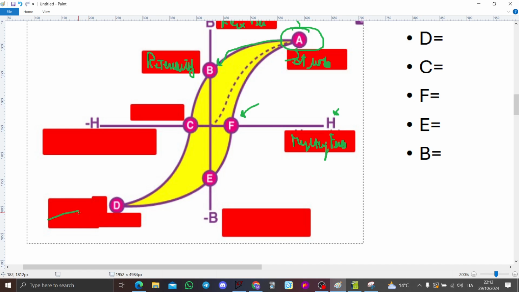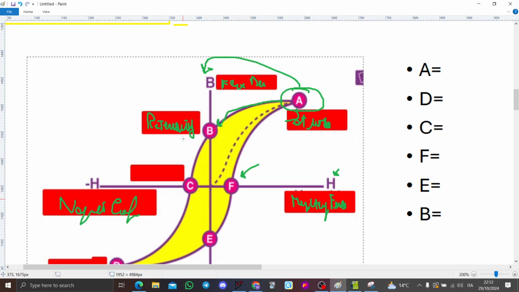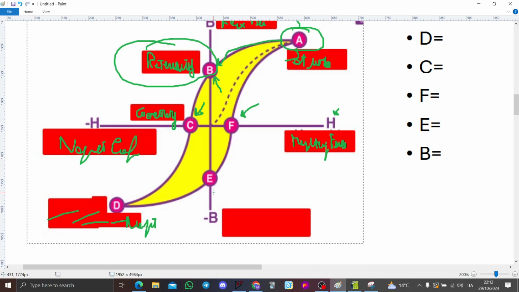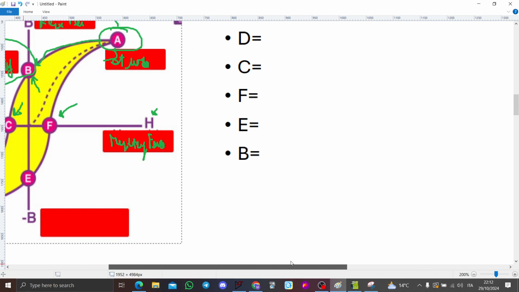Like also this is the same. This is just the negative saturation. Okay, that's nothing new under the sun. And this is just the negative coercive force. C instead is the coercitivity.